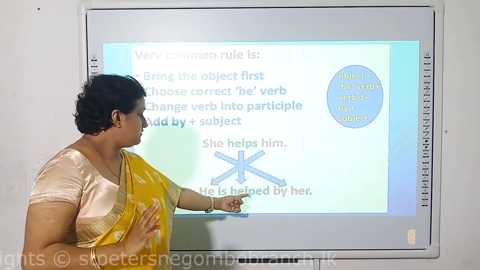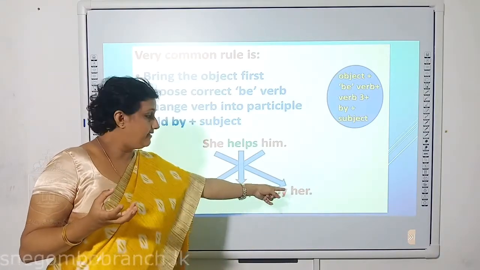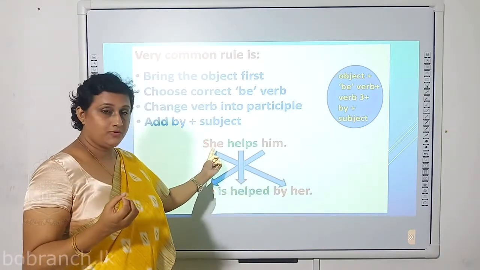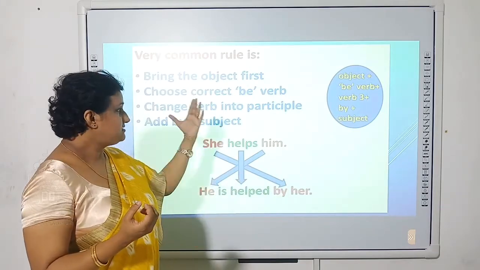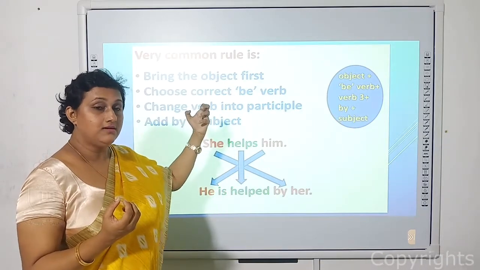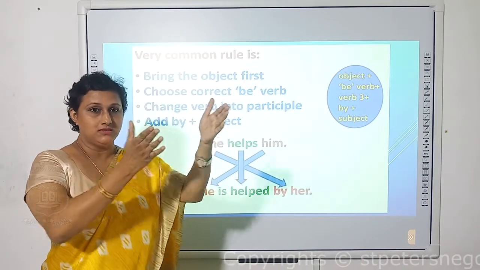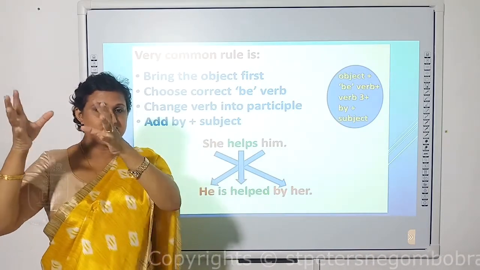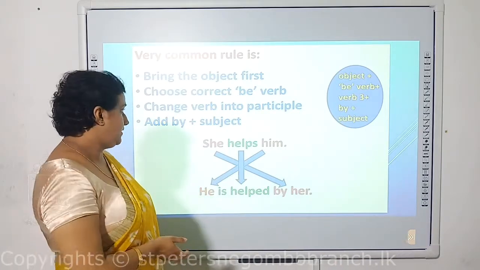Okay. So the word helped is there, and then you have to use the word by, and then her. This subject pronoun again has to go as the object pronoun her, right? So that is the basic way of changing an active voice sentence into a passive voice. You take the object into the subject, and then subject into the object, and then you have to change the verb as well. Okay.